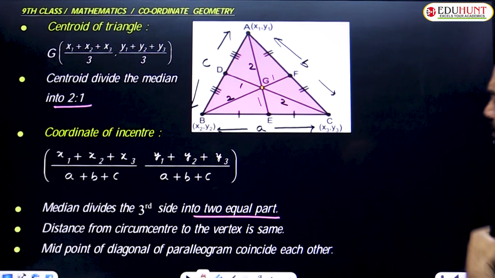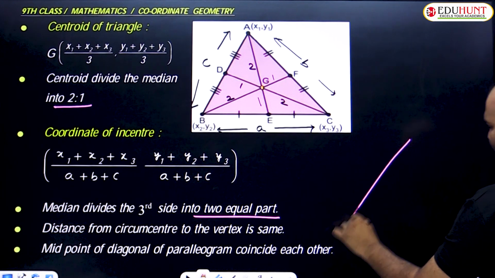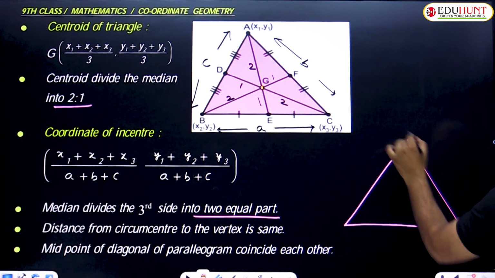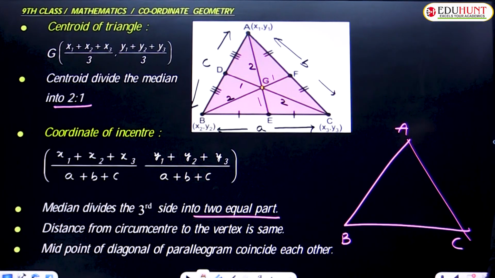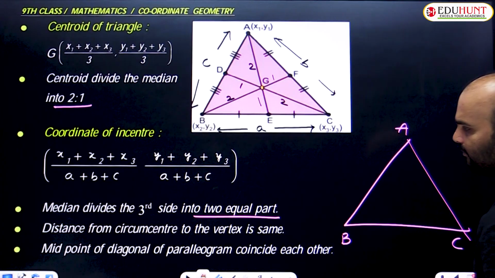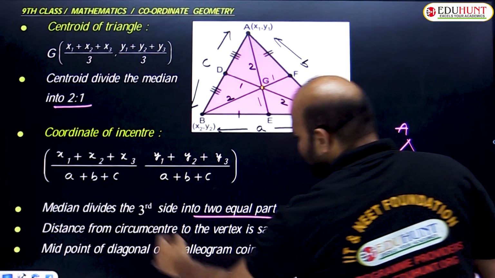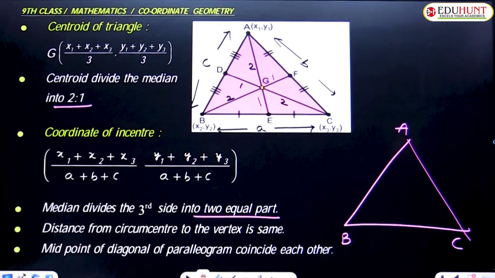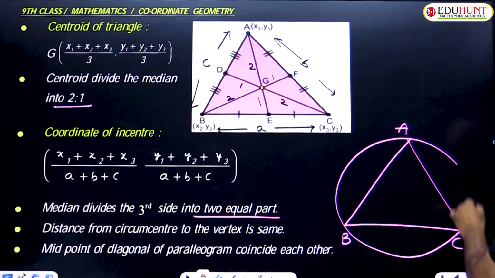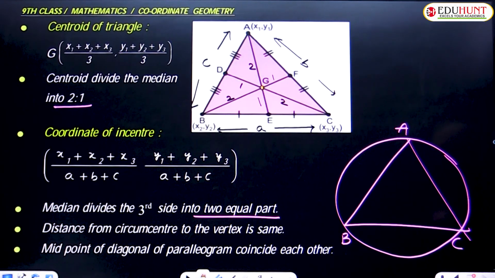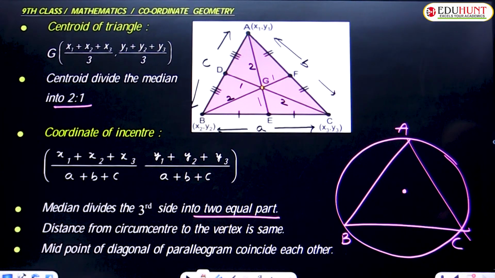Next one, the distance from the circumcenter to the vertices is the same. So how to define the circumcenter? For example, ABC is a triangle. The condition given is that the distance from the circumcenter to the vertices is the same. The circle circumscribed about a triangle is called the circumcircle, and its center is called the circumcenter.